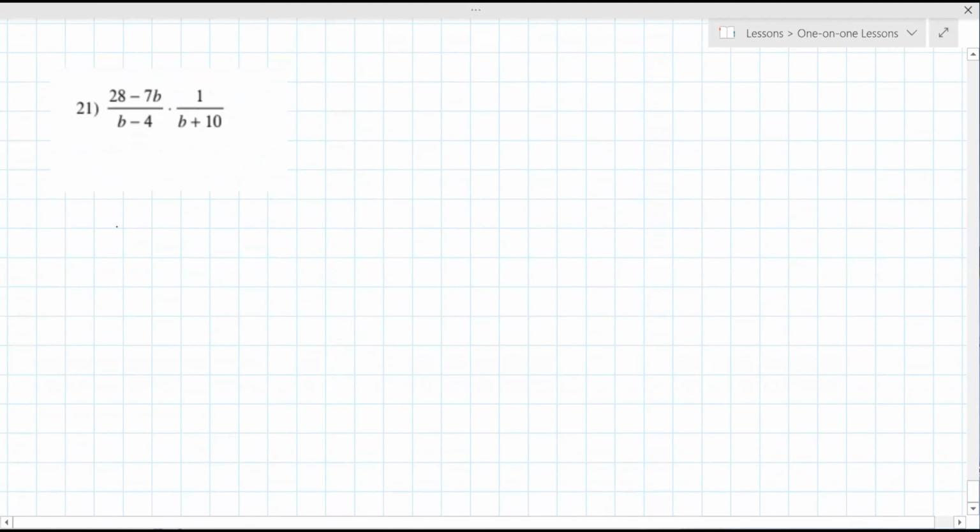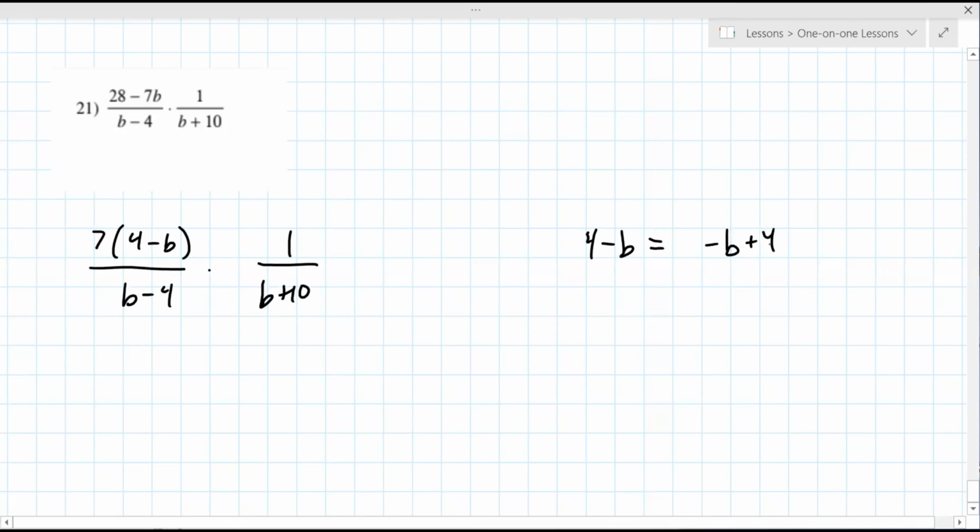So the top factors into 4 minus b over b minus 4. Whenever you see 4 minus b, b minus 4, it looks the same, it's not the same, but when you see that, that's your indicator to factor out a negative. So 4 minus b is really negative b plus 4, just rewriting it. So when you factor out a negative, you get b minus 4.